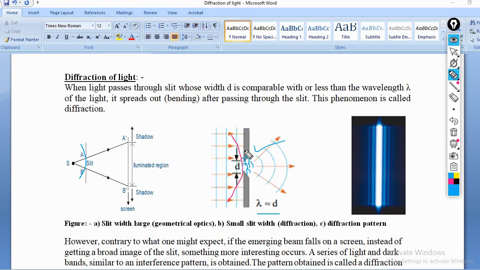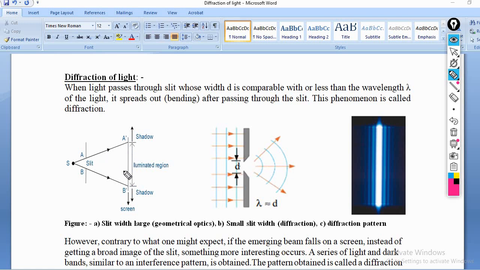In this case, the superposition of secondary light sources will produce the diffraction pattern on the screen. In the other case, the waves are not really superposing, they are producing the effect directly. Here, the secondary light sources are superposing and producing the effect. This is the case of diffraction. In a very simple way, people call the bending of light diffraction.